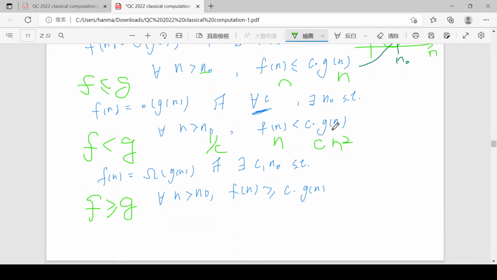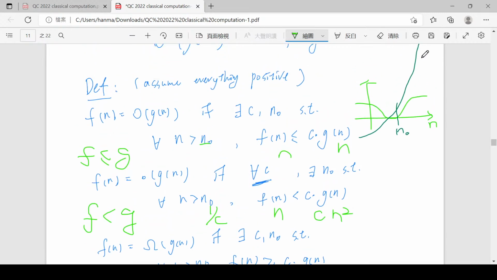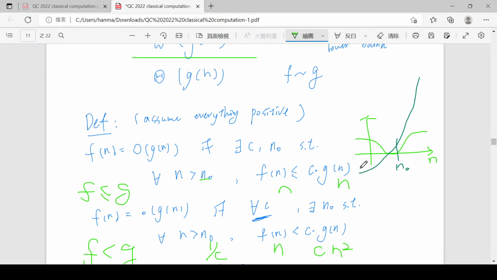So basically just swap between these two sides. So now f is like the bigger one, so f is like this dark green line and g is like this green line.